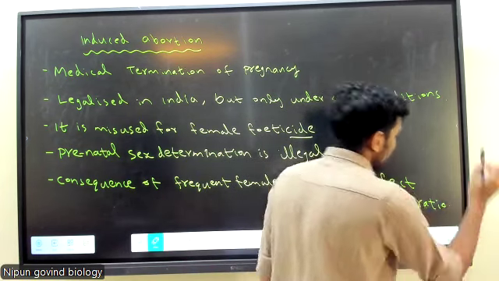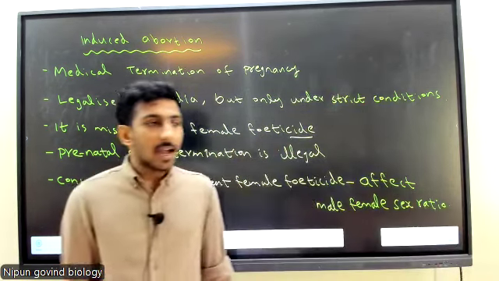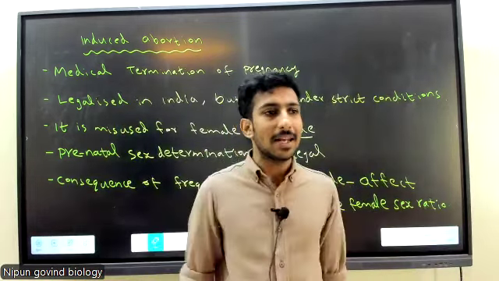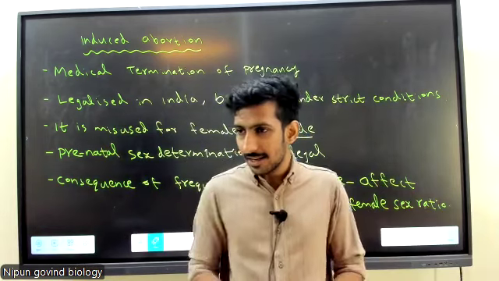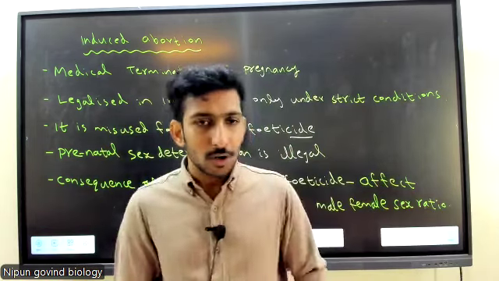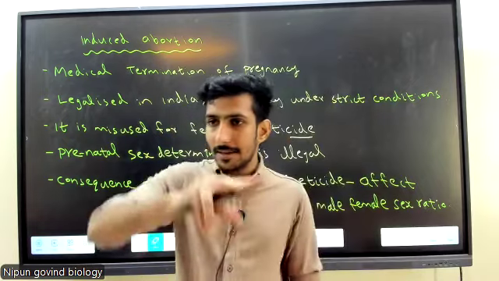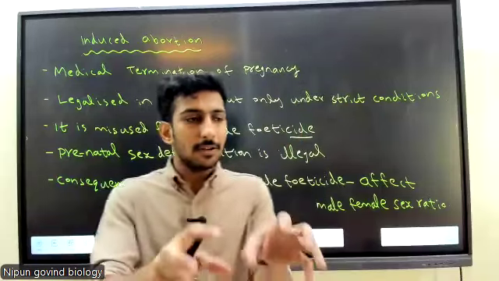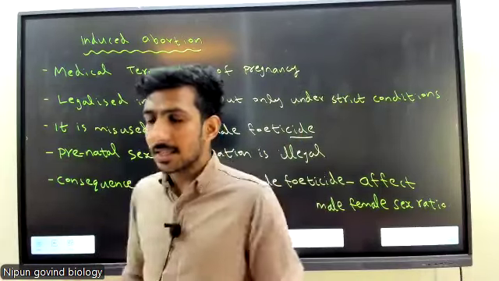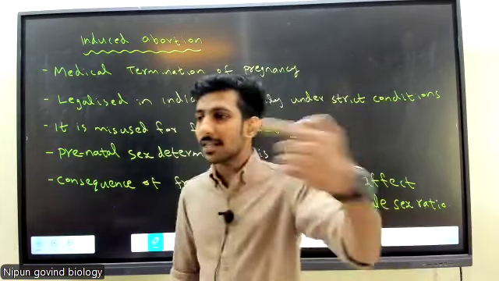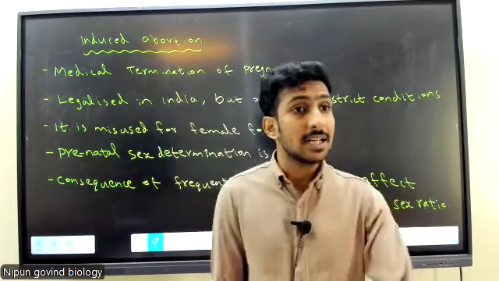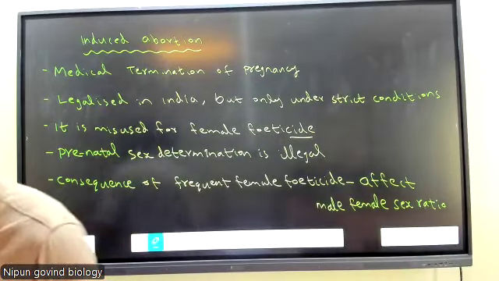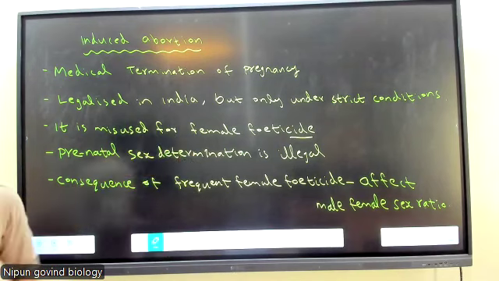The male female sex ratio is important, isn't it? 50% male, 50% female in a population is an ideal sex ratio. 60-40, 70-30 are also okay, but 90% male and 10% female is not okay. Only 10% will get married, and 80% will stay single. Which means there is no next generation. In the next generation, the population will be very less. So the male female sex ratio is very important. So female feticide should be illegal.